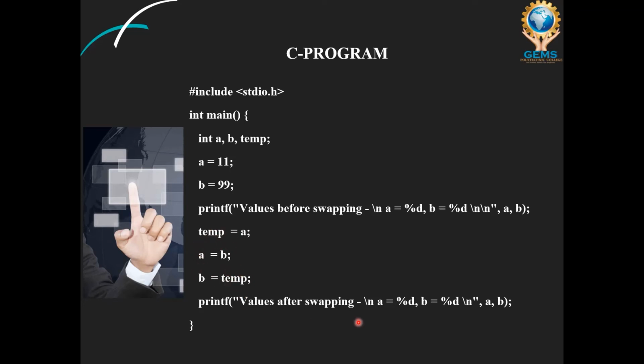Now print the values after swapping. Now we will see the output. Here I have taken the initial value A equal to 11 and B equal to 99, but after swapping the values will be exchanged. That means A will hold the B value and B will hold the A value, so B equals 11 and A equals 99. That will be the output.